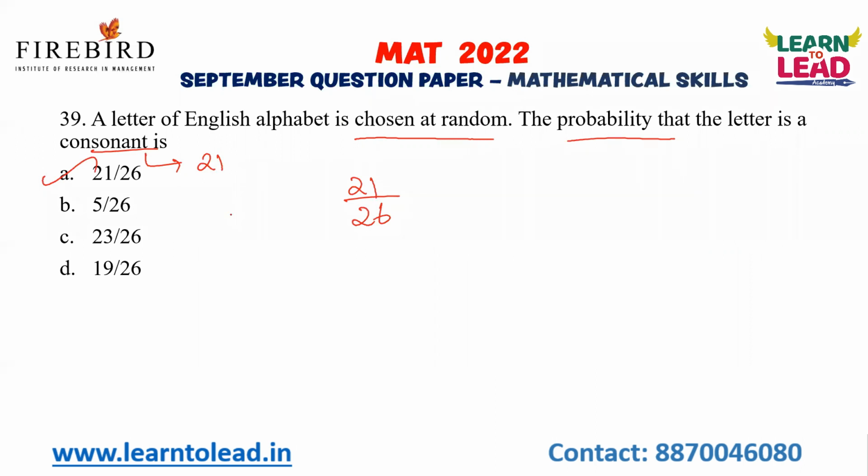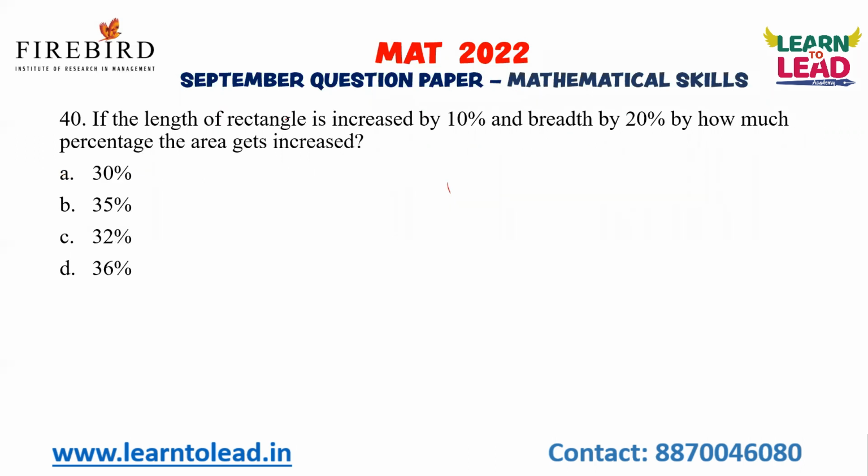And the last question of this video. If the length of the rectangle is increased by 10% and breadth is increased by 20%, by how much percentage does the area get increased? Here, we use the same concept as for the square, where the sides of a square decreased by 10%.